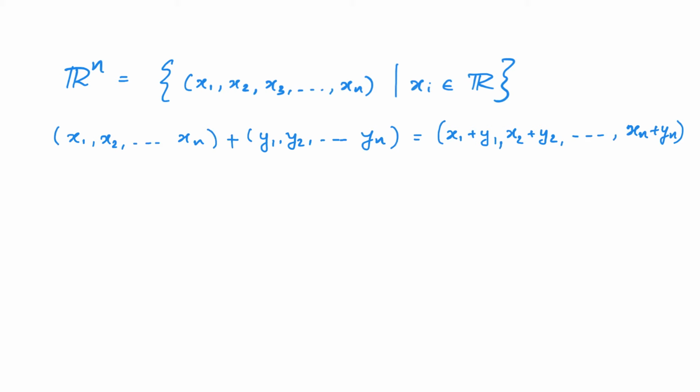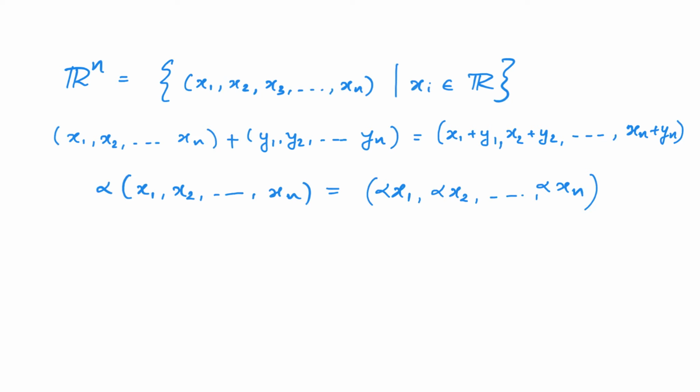Now we cannot multiply two elements in Rn, but we can multiply an element of Rn by an element in R. More precisely, we can look at the quantity alpha times x1, x2, etc. up to xn, and that is defined to be equal to alpha times x1, alpha times x2, etc. up to alpha times xn.